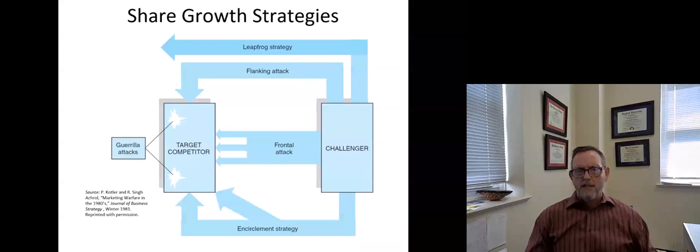Might be something similar to that, but it's clearly finding new pockets of consumers, and I would characterize it as a niche type of approach. And then again, that frontal attack, which you're already familiar with, where you take direct competition, you take your approach directly to your competitors with comparisons between yourself and them to try to win over market share from those leaders to you.